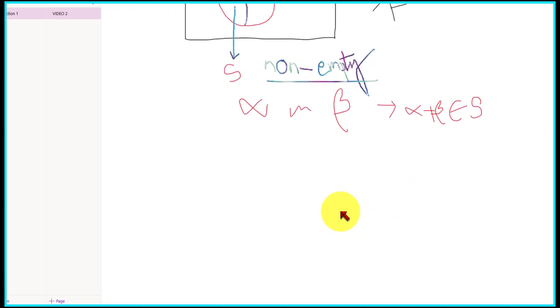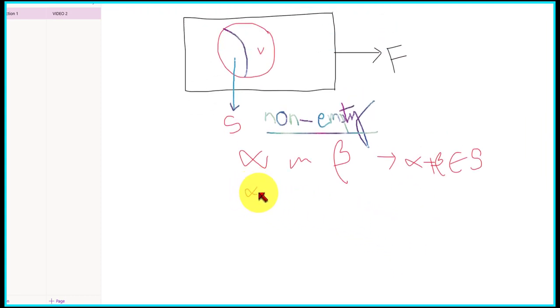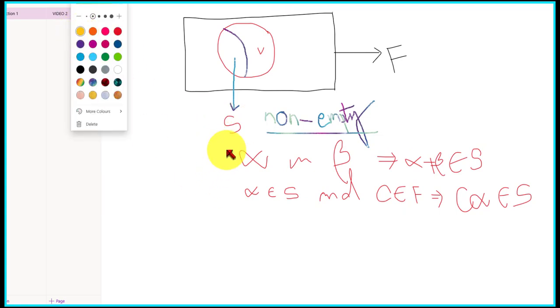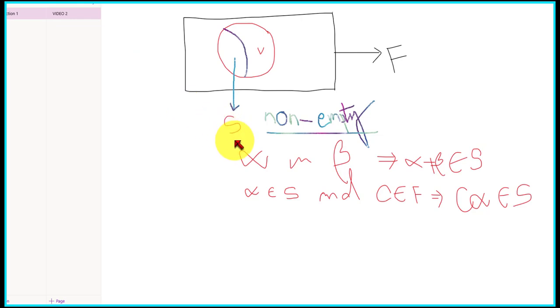And our second condition is, suppose alpha belongs to S and C be any scalar belonging to capital F. Then C alpha belongs to capital S. So these are our two important conditions to be a subspace.